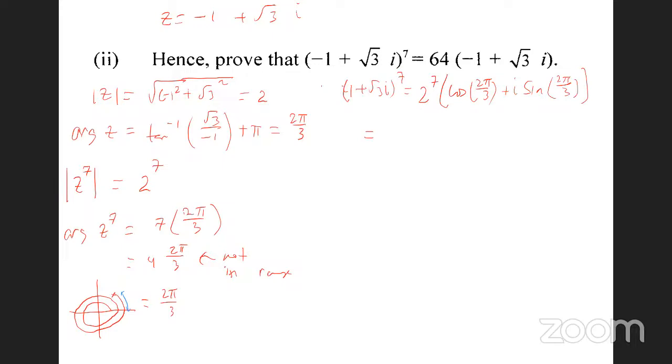Okay, go take your calculator, work out your cos 2 pi on 3. That should be, I got negative a half, right? Negative a half. And here should be something similar. That'll be minus root 3 on 2.